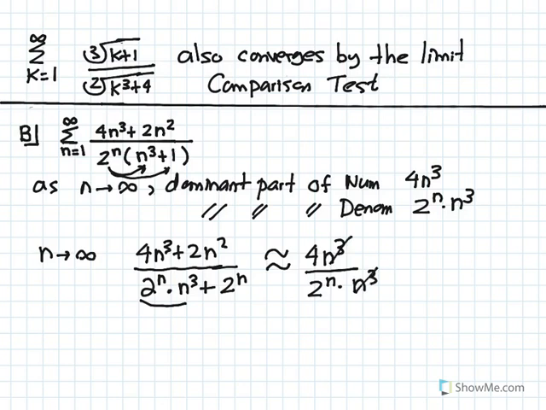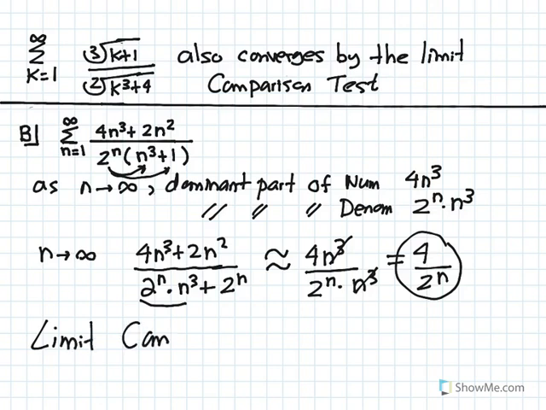N cubed cancels out. We get 4 divided by 2 to the n. This will be our comparison series, so we should apply the limit comparison test with a comparison series whose general term is bn equals 4 divided by 2 to the n.